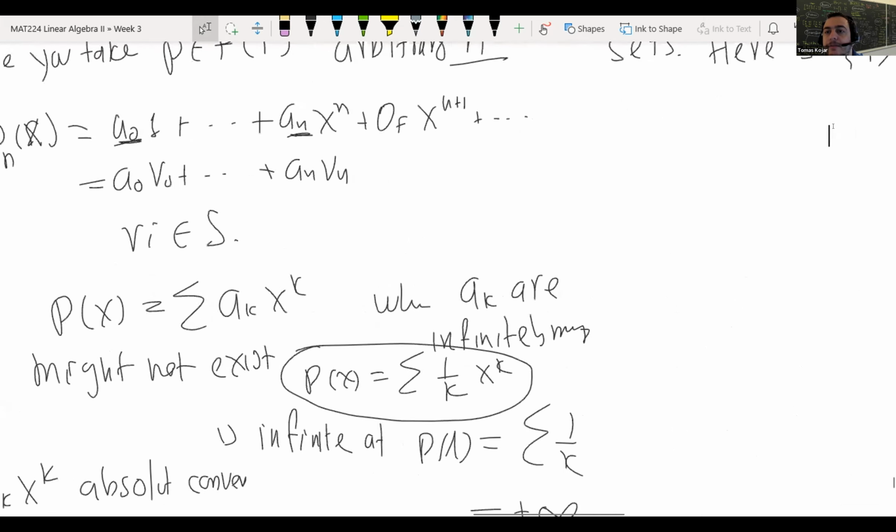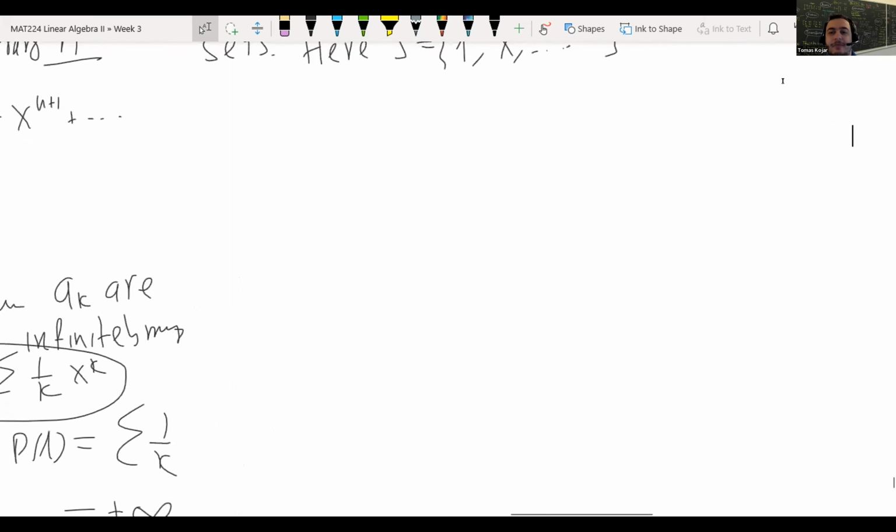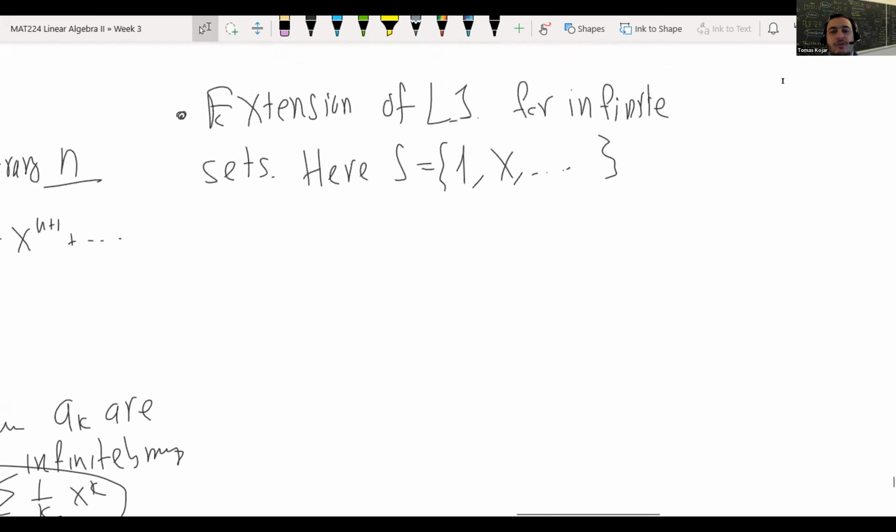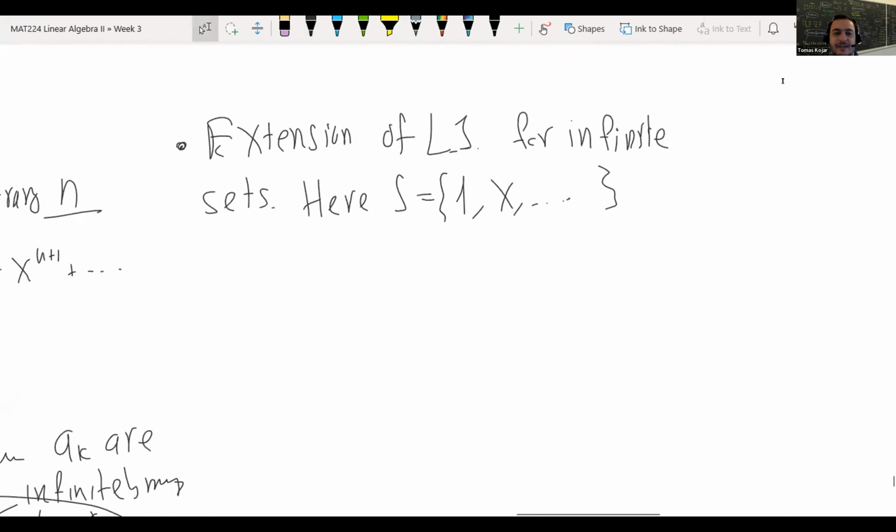All right. So I'm happy I'm doing this example because it will show up in your homework and it's very tricky. So arbitrary degree, that was one thing. And then the second thing, the extension of linear independence for infinite sets. So here S is infinite.